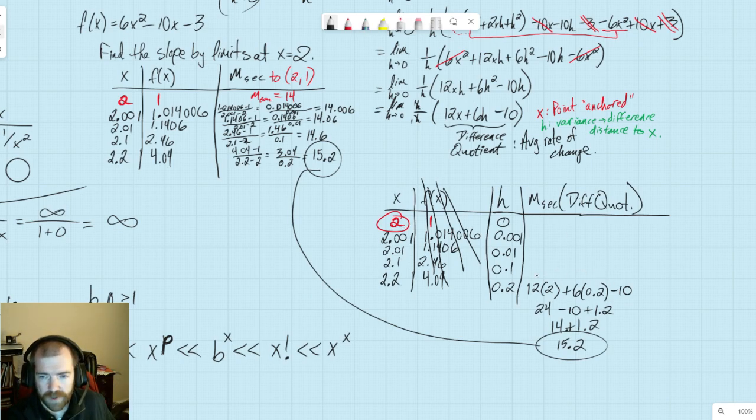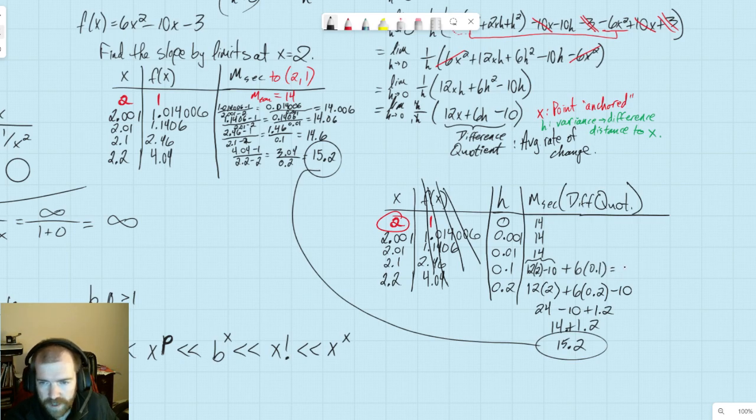So here we can also see that this 12 times 2 minus 10 is always going to be here. So 12 times 2 minus 10, which again we can simplify and just let this be 14. And then here this is going to be plus 6 times our h value, 0.1.